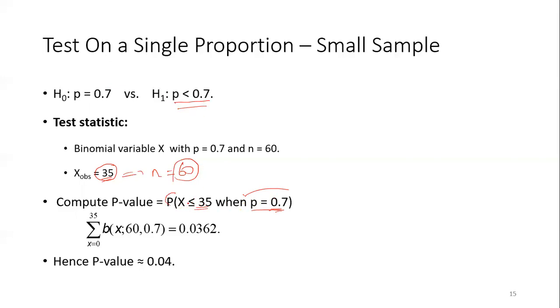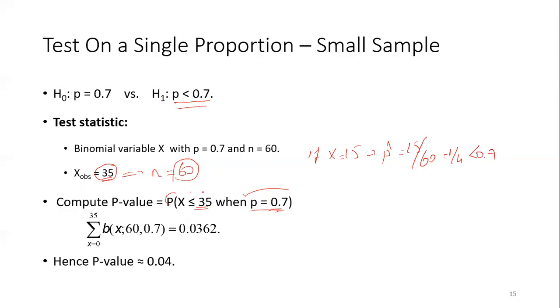For example, if x is equal to 15, then your p hat is 15 divided by 60, which is 1 over 4, far smaller than 0.7.